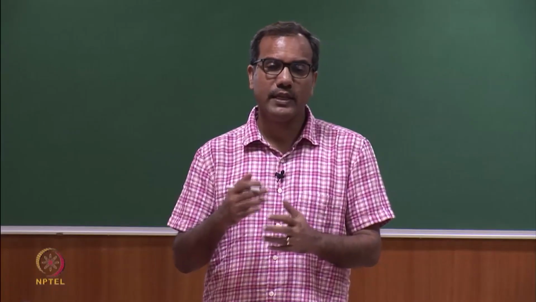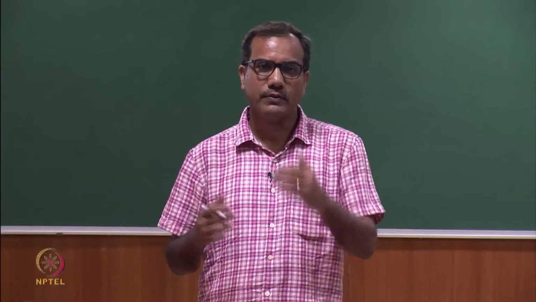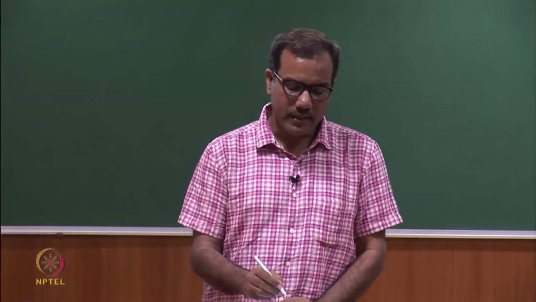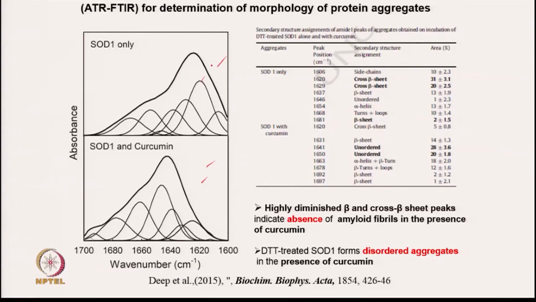If you do deconvolution of the upper and lower panel, you can see that the upper panel has bands of higher intensity in the region 1620 to 1629 centimeter inverse, and that corresponds to beta sheet structure.